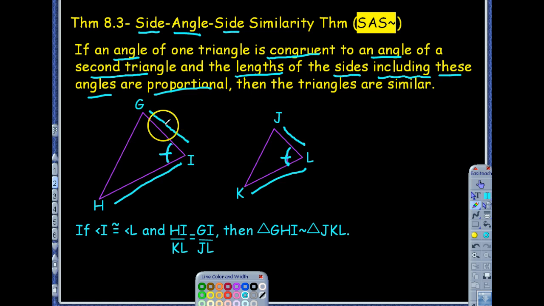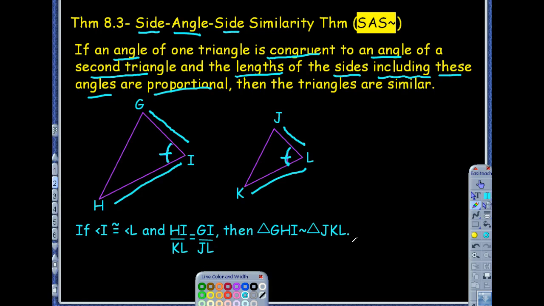So I want to make sure that I'm talking about the sides that are surrounding that angle, or that the angle is included between those two sides. So if we know that angle I is congruent to angle L, and we know that the ratios comparing HI and KL, so those would be corresponding sides, and GI and JL are going to be equal, so they're proportional, then we can say that the triangles are similar.